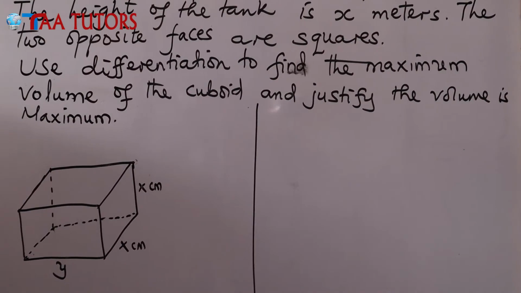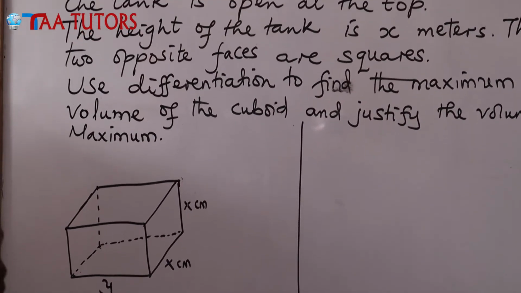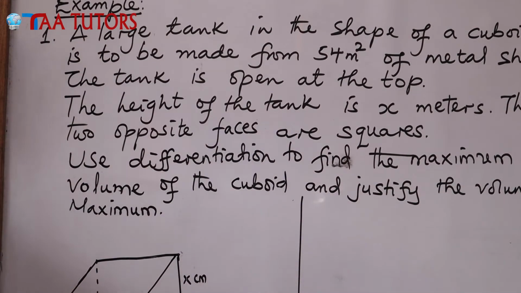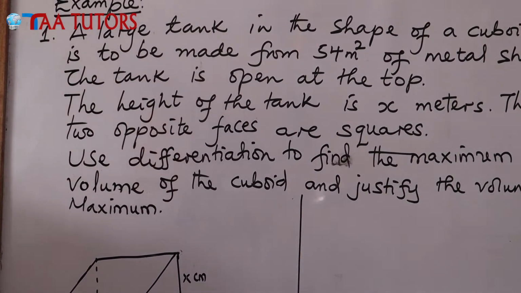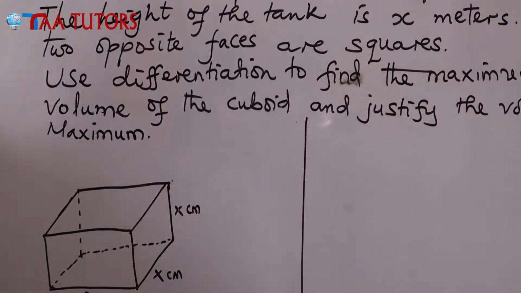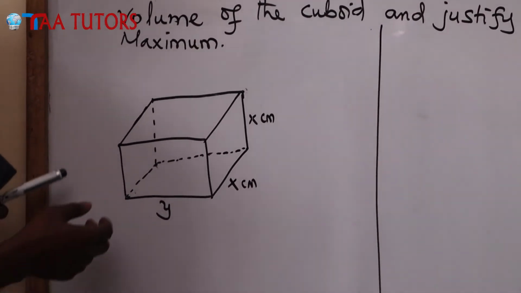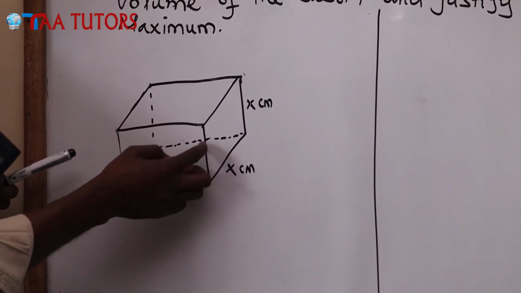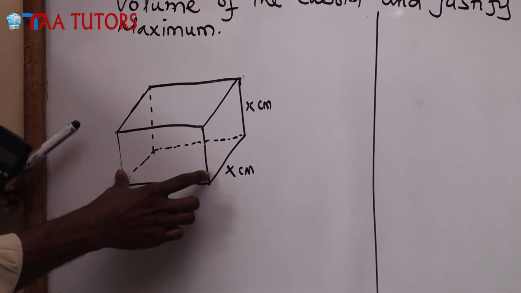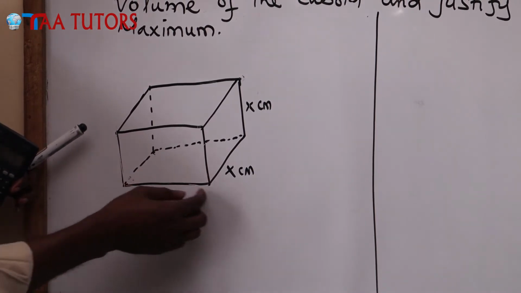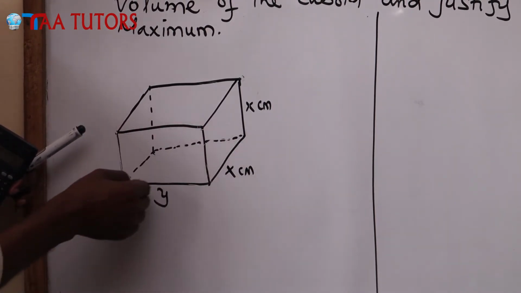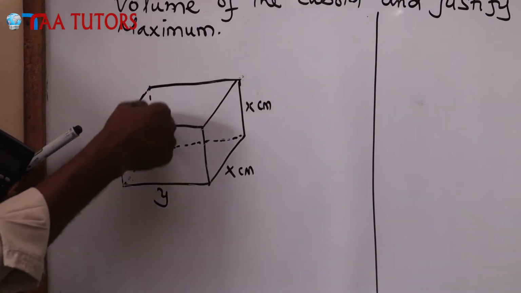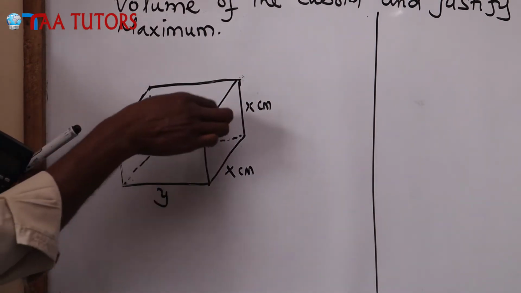So what we need to do first of all is to express the equation in terms of surface area. We know that we can get the surface area of this cuboid, or we can get the function to that effect. We know that the area of this face here is xy, and this face here, there are three of them. There is this one, there is the bottom face, and then there is the other face on the other side, but the top is missing.